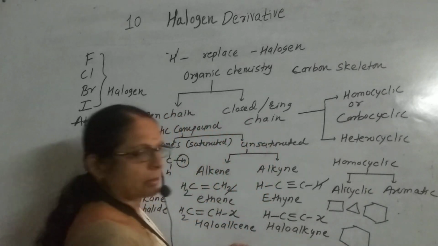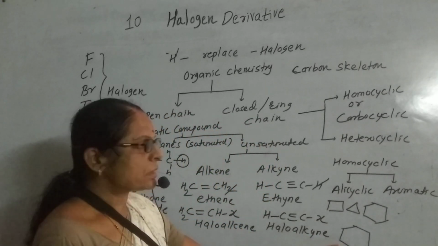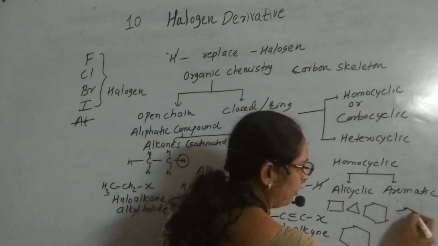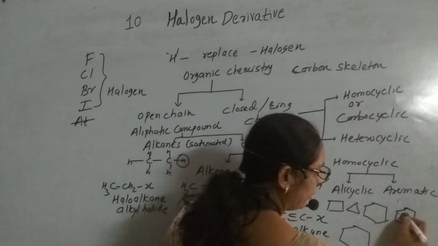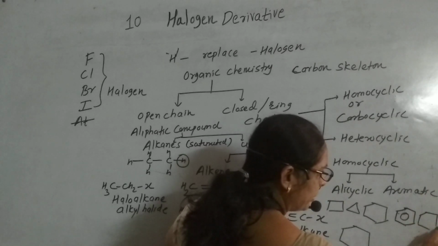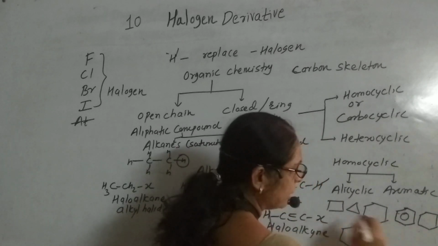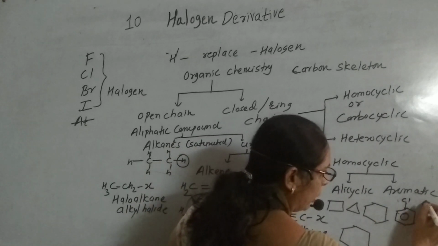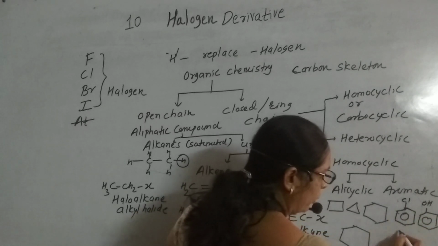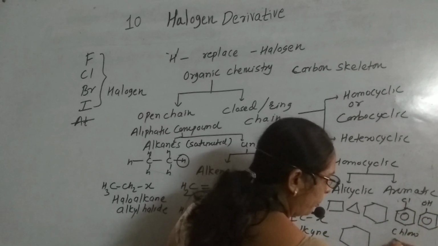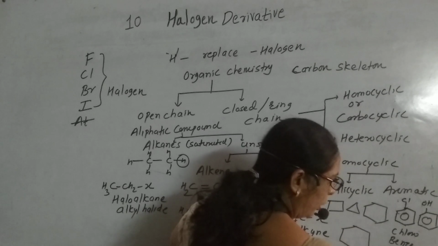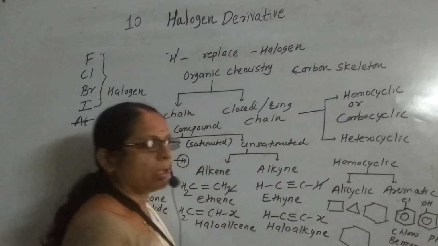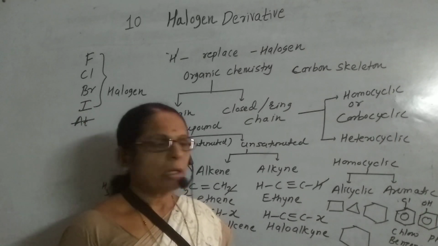They are cyclic but have properties the same as aliphatic. Aromatic compounds have benzene and benzene derivatives. A benzene derivative contains at least one benzene ring, such as benzene, chlorobenzene or phenol. So they are the classes of alicyclic and aromatic compounds.